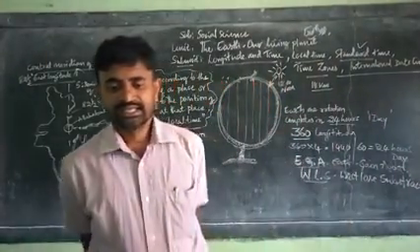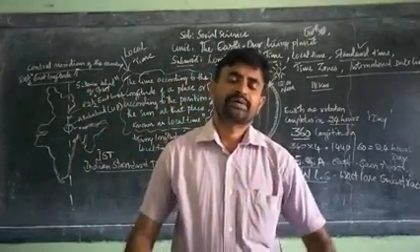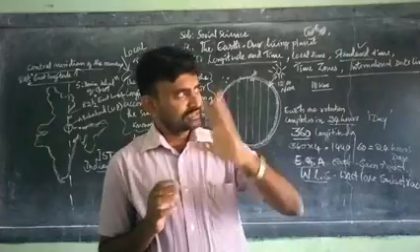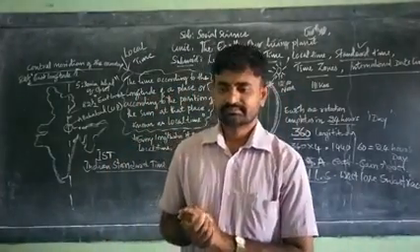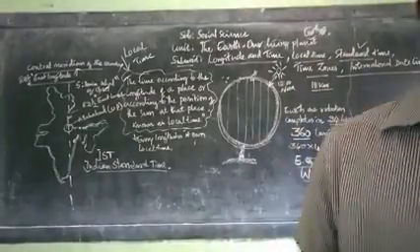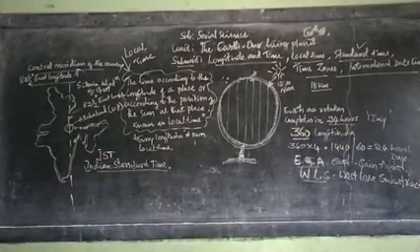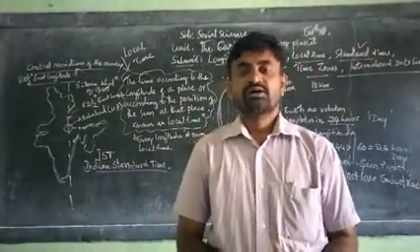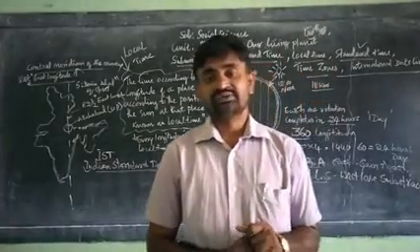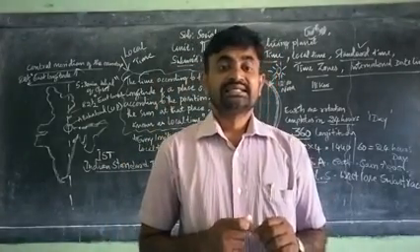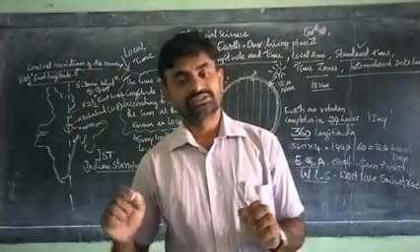See, in certain countries around the world, the longitudinal extent is so large, more than 45 degrees of longitude, that there is often a difference of 3 to 4 hours from one part to another.